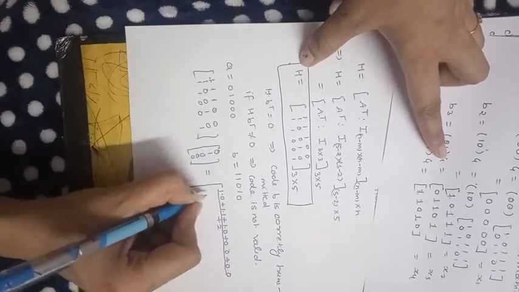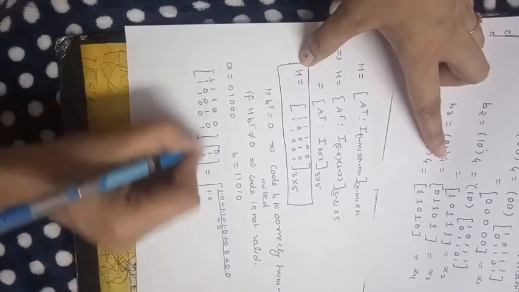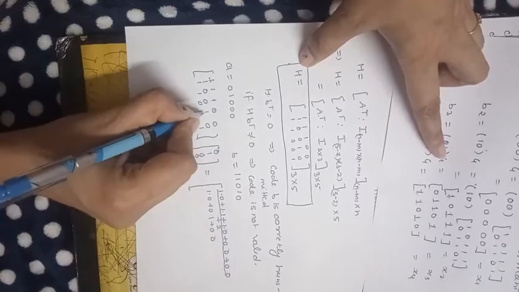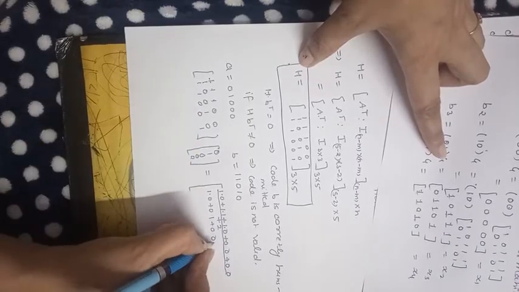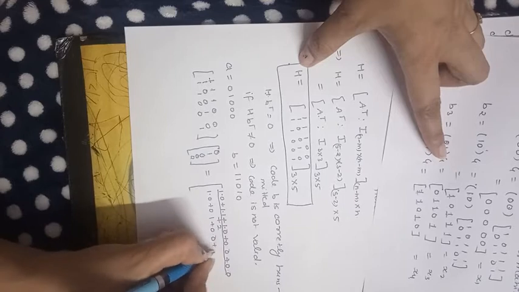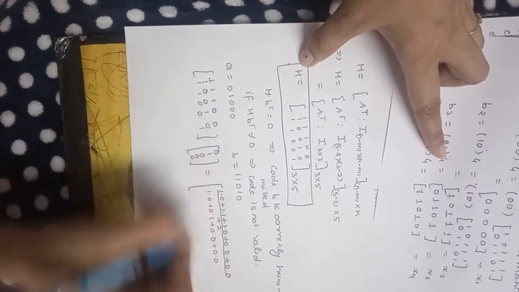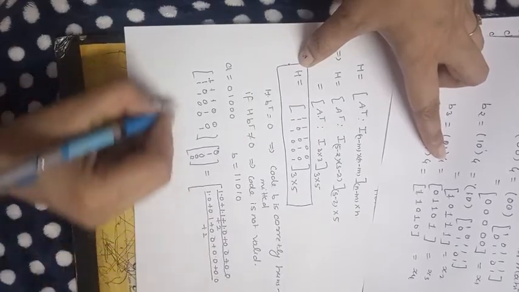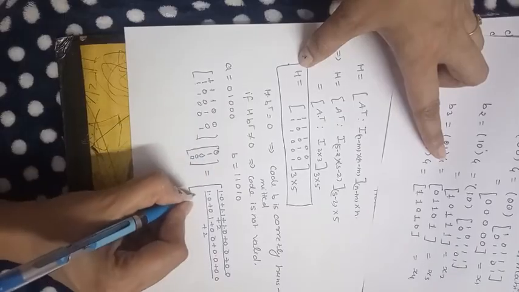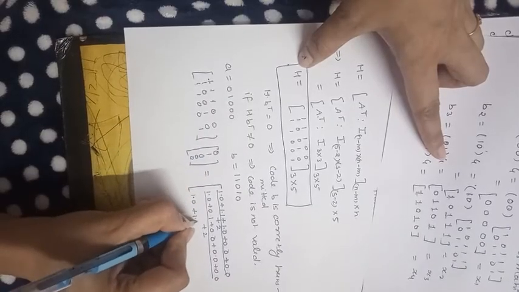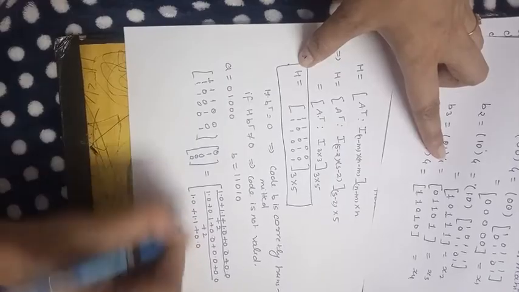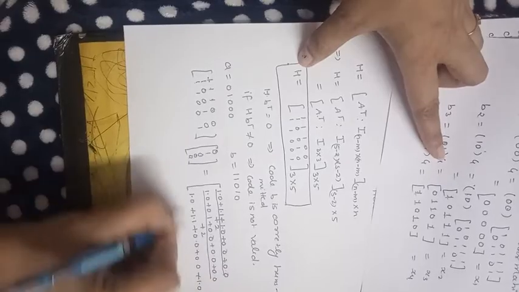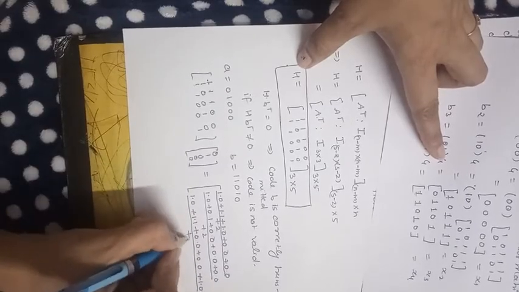Similarly, second row: 1 into 0, 0 into 1 plus 0 into 0 and last 1 into 0, and last is 0 into 0, and take addition modulo 2. And the last row is 1 into 0 plus 1 into 1 plus 0 into 0, fourth is 0 into 0 and last is 1 into 0, and take addition modulo 2.